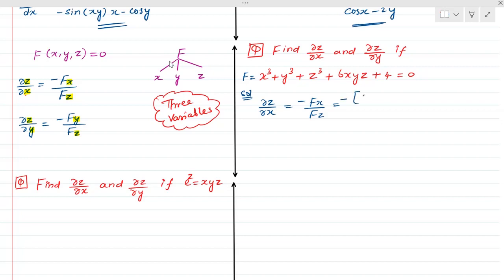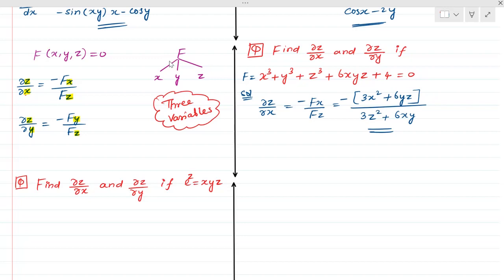Minus is outside: 3x square, plus 6xy, since x becomes 1, and 4 becomes 0. Over, with respect to z: 3z square plus 6xy, and 4 becomes 0.